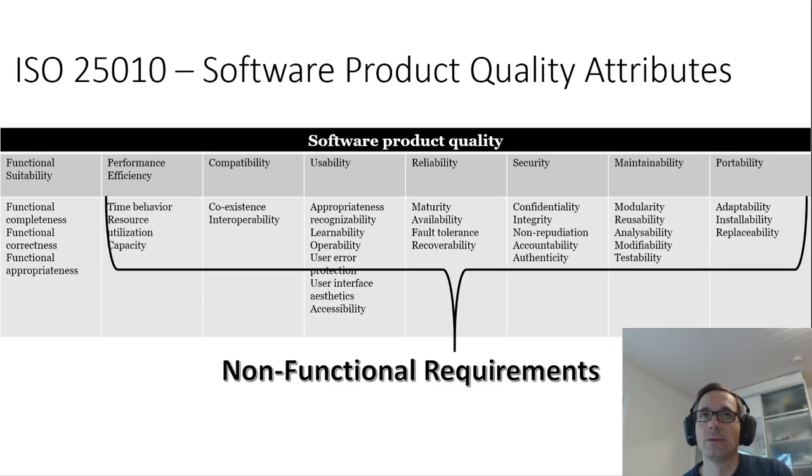If we take out the functional suitability software product quality attribute, then these remaining 7 quality attributes are sometimes referred to as non-functional requirements. This is because they describe properties of software that are not related to the functionality of the software, but rather something beyond these functionalities. And the term non-functional requirements would be especially dominant in the requirements engineering field.